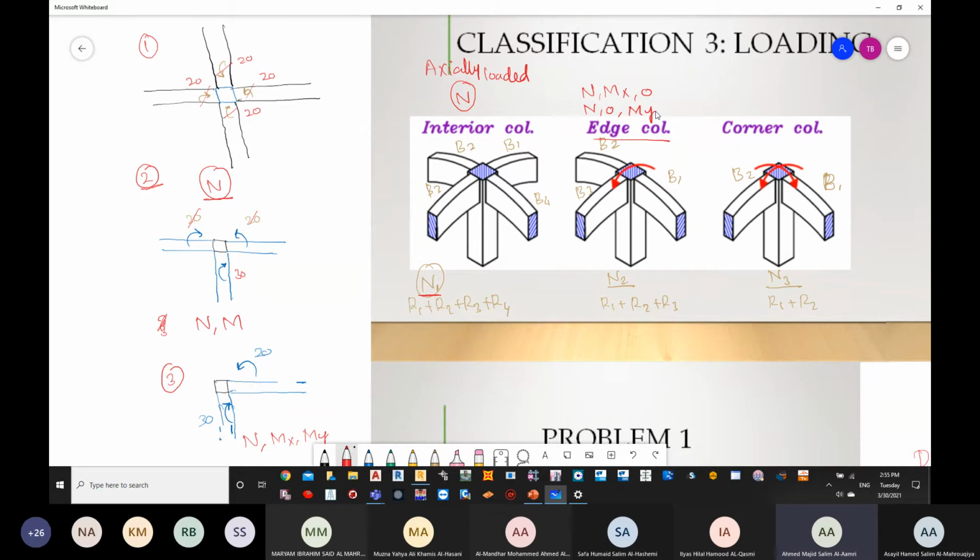So one moment only, either x or y. So we have n, mx, and my. This is the general. So here we have n, 0, and 0, because mx is 0, my is 0. So here we call it axially loaded and uniaxial bending.